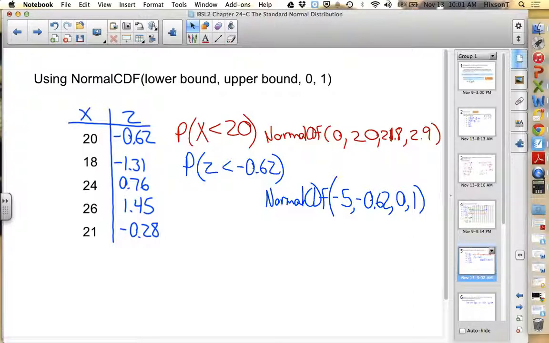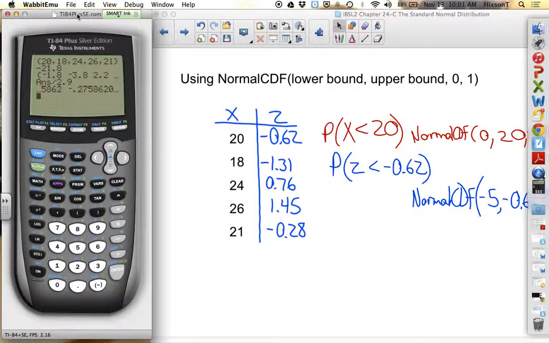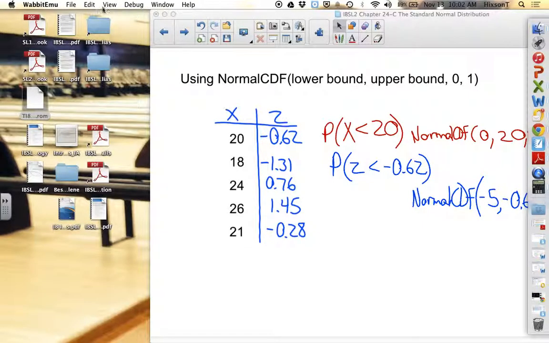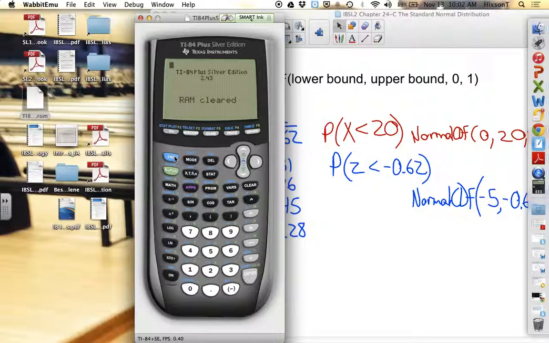Now, I know some of you weren't here, so let's review how to do this on our calculators. If you recall, it was under distributions, which is above the variables key. So second distribution.